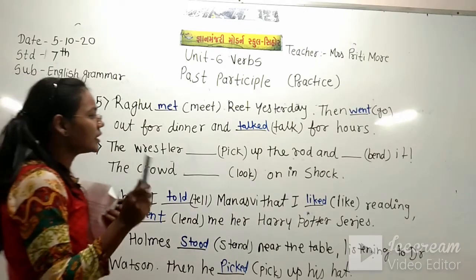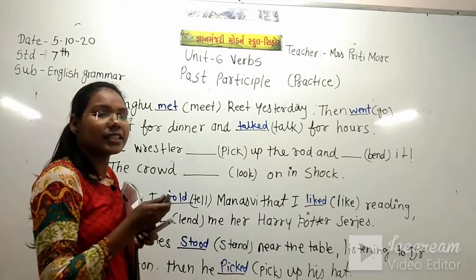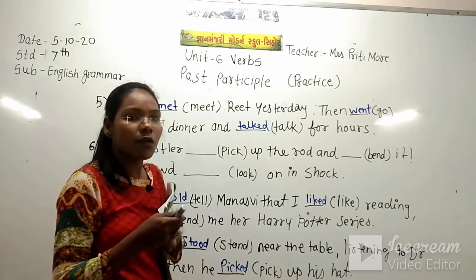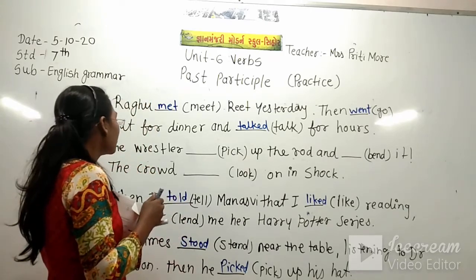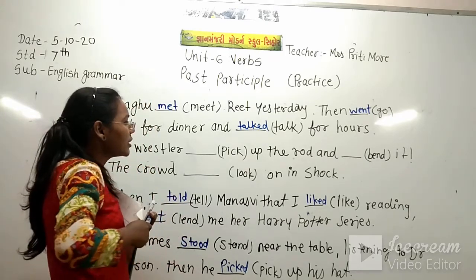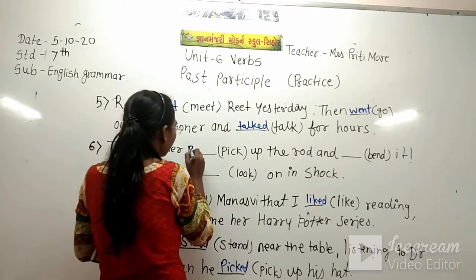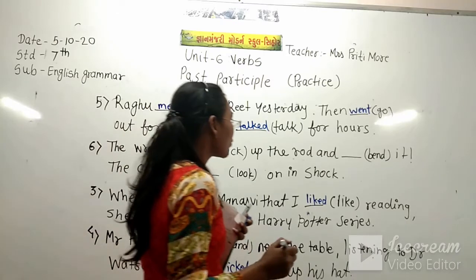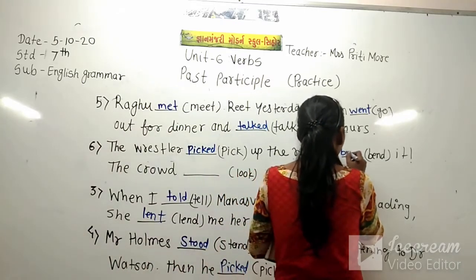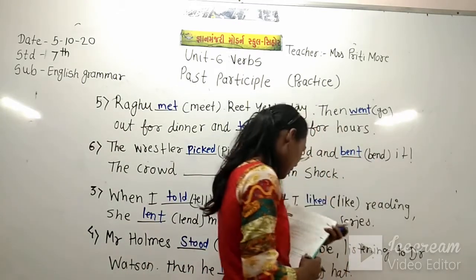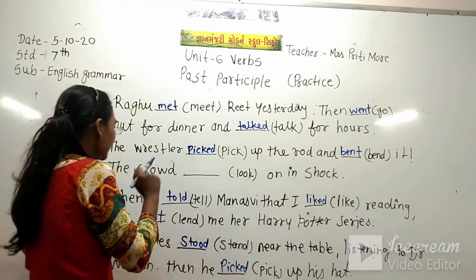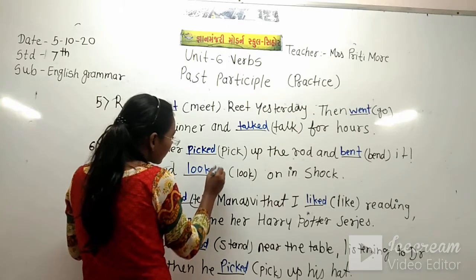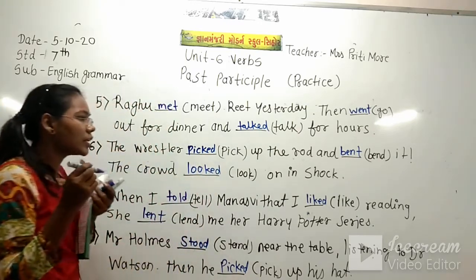Now again three verbs are there in this sentence. We just have to write again the past form of the verb. So the wrestler picked up the rod and bent it. The crowd looked on in shock.